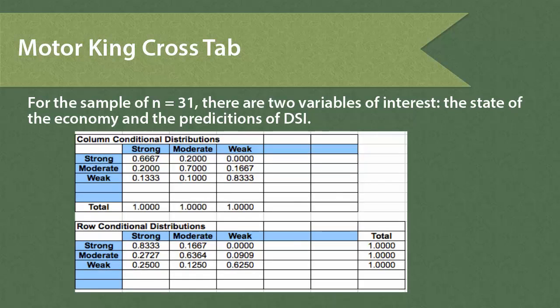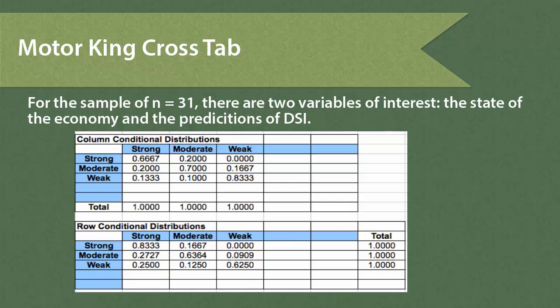So those 3 probabilities about what DSI predicts, strong, moderate, or weak, those are important to get our decision tree started, because that first event is a chance node, right? And we need to have the probability of each prediction.